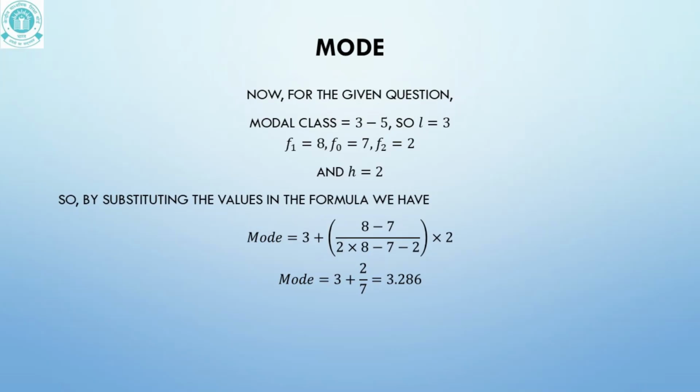By substituting the values in the formula, we have mode equals 3 plus, inside the bracket, 8 minus 7 divided by 2 times 8 minus 7 minus 2, and the whole multiplied by 2. So, mode equals 3 plus 2 by 7, which gives us the value of mode as 3.286.